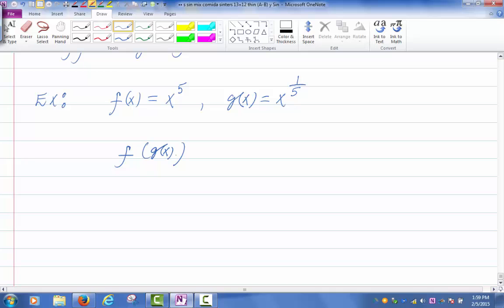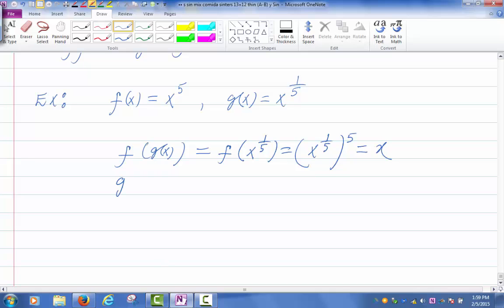The properties that I gave you above are called the cancellation properties for inverses. So f of g of x is equal to f of x to the 1/5. And then what is f of x to the 1/5? Well, x to the 1/5 to the power 5, that's the value of f when you apply f, and that's exactly x, right?